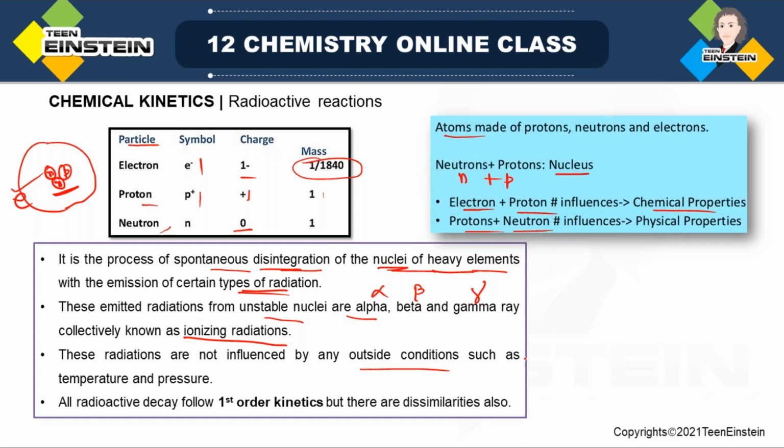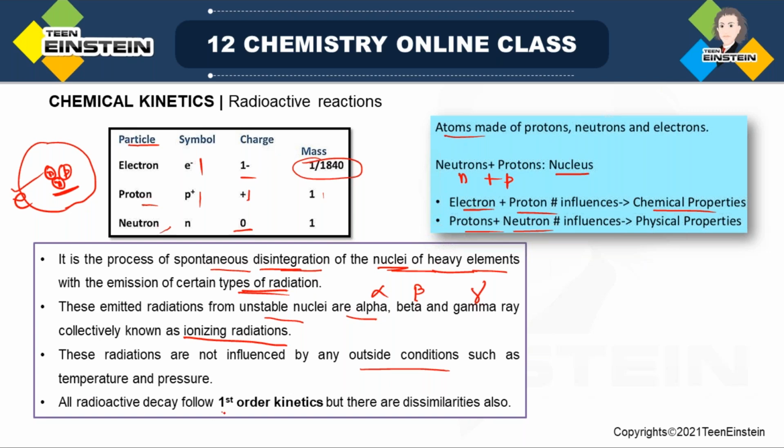In normal chemical reactions, we can change the reaction conditions, that is temperature and pressure, and there is direct influence on the reaction mechanism or product type. But when we are talking about radioactive reactions, temperature, pressure, all these things have no value. Even if we change them, there is no direct influence.